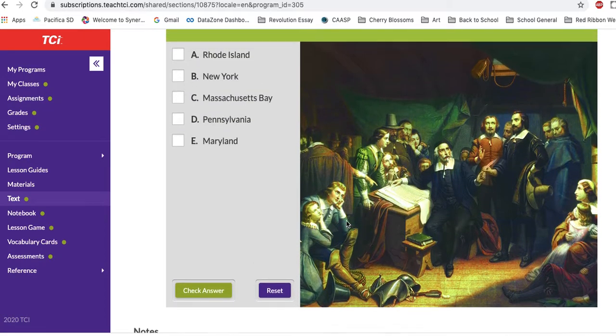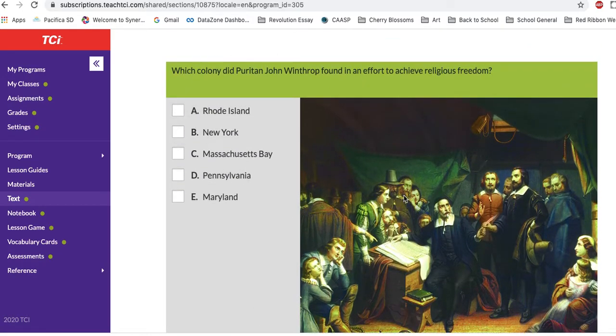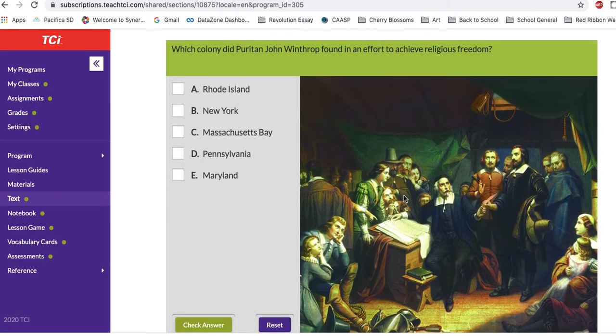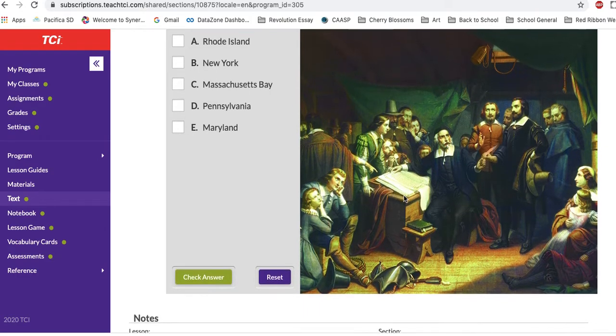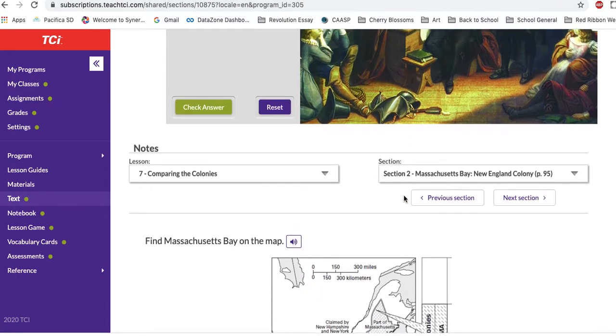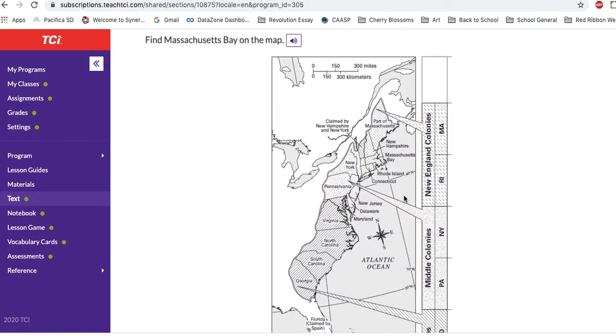So now I would go down here and you should fill this part in. Which colony did Puritan John Winthrop found in an effort to achieve religious freedom? We just read about this colony, so you would pick that correct answer. Then it says find Massachusetts Bay on this map, which I can tell is right here where my cursor is.